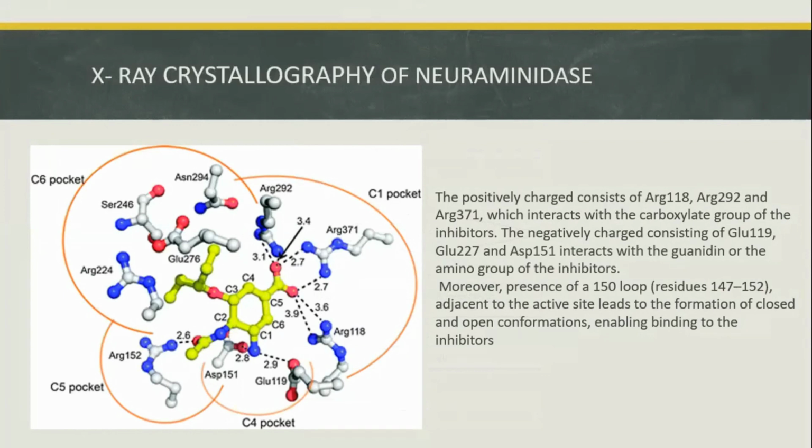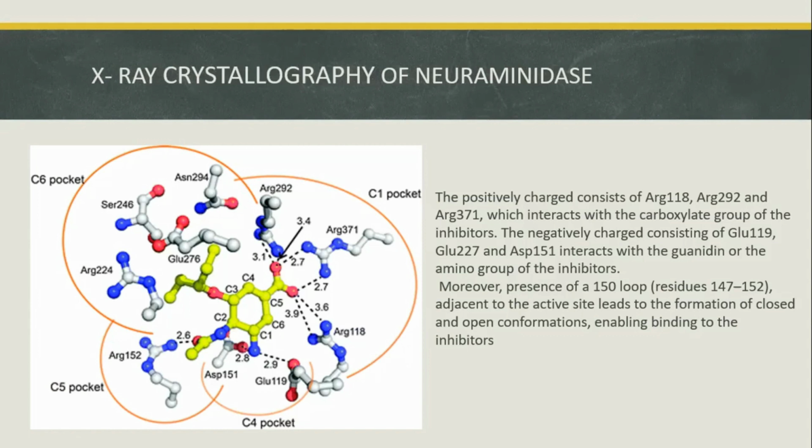Next, I would like to discuss the structure determination of our drug target, neuraminidase, by using X-ray crystallography. Influenza neuraminidase has been recognized as a potential drug target since 1970 because it has a highly conserved active site, which makes it ideal as a target for drug design.